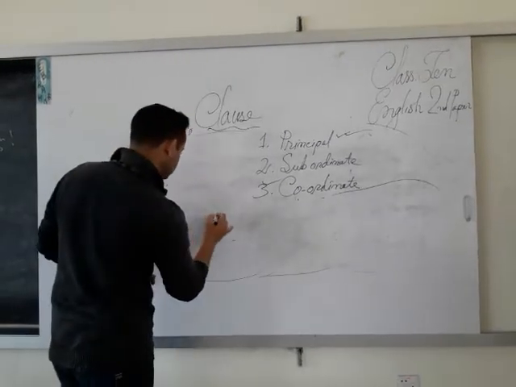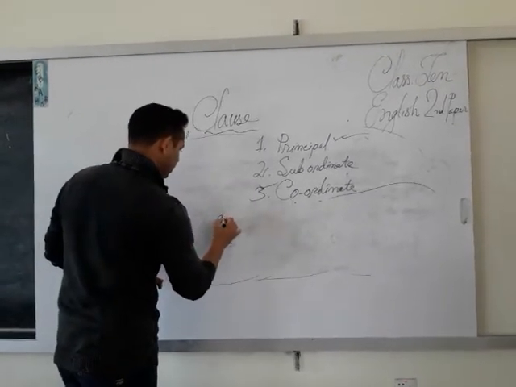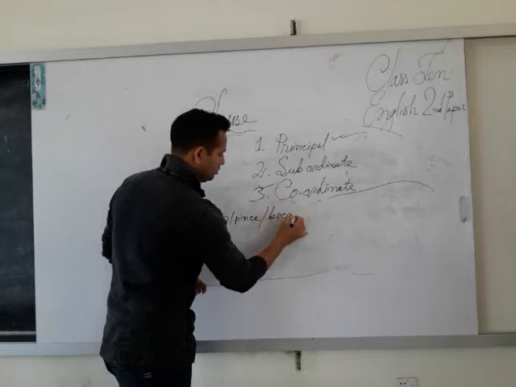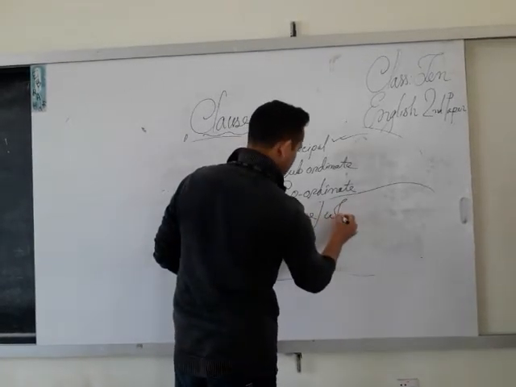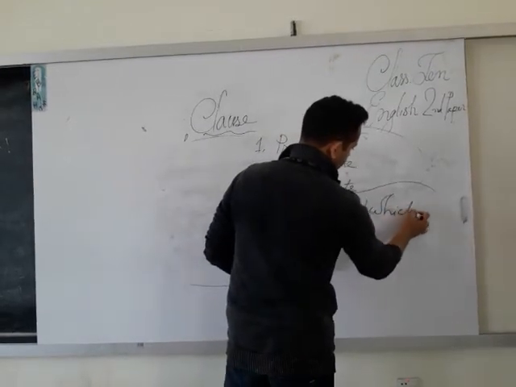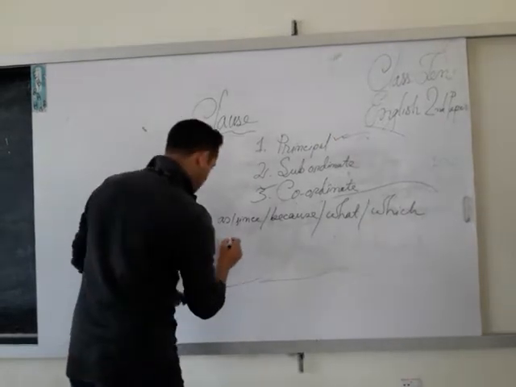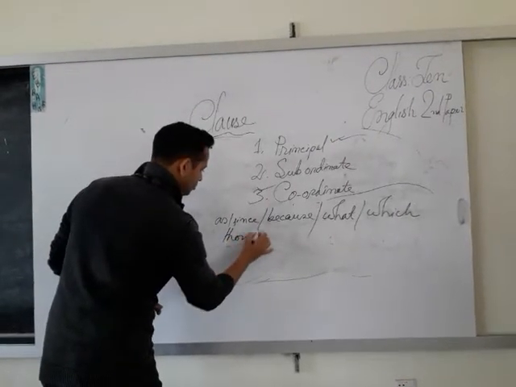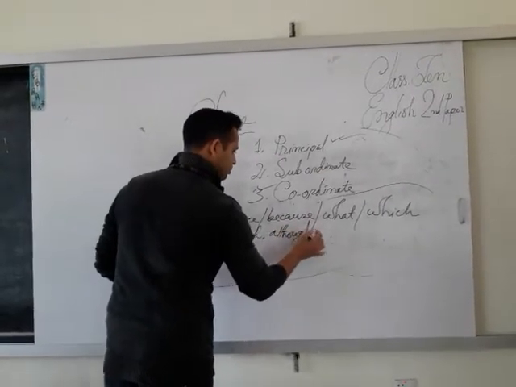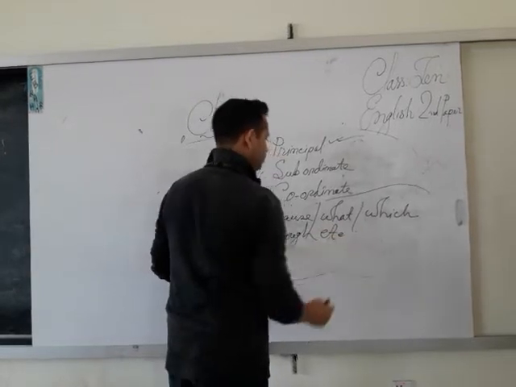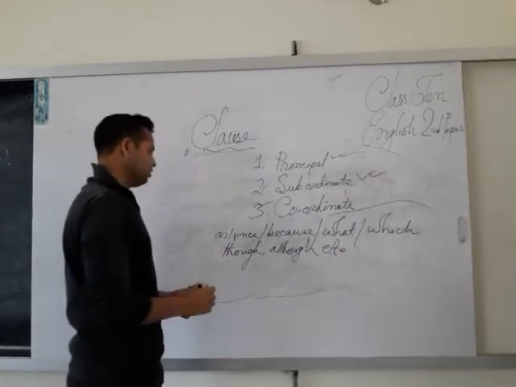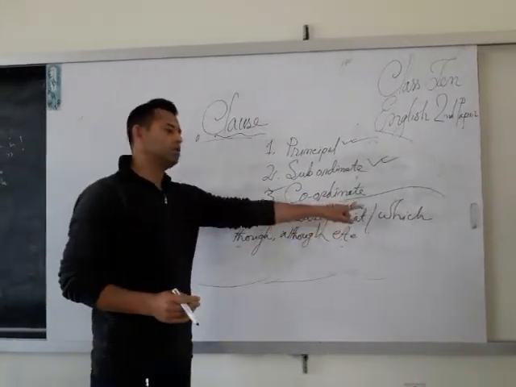Some subordinating conjunctions like as, since, because, for, though, although, etc. The subordinate clause starts with this conjunction.